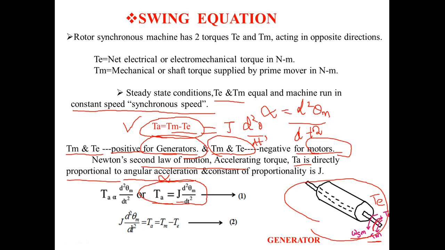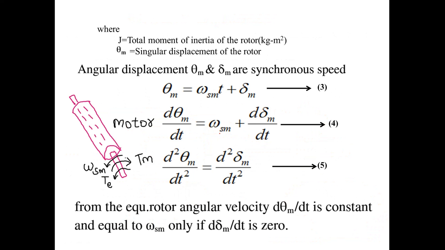So I can write this Tm minus Te will be equal to the moment of inertia times angular acceleration. And so here the specification. Theta m means the angular displacement of the rotor with respect to the stationary reference axis.